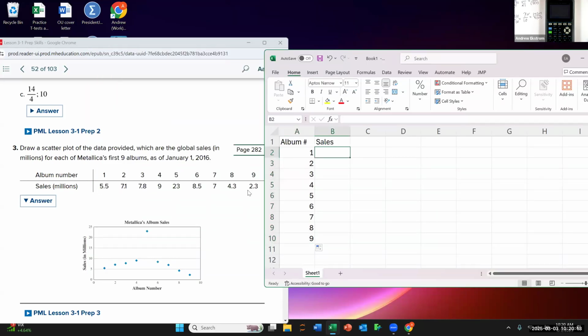Unfortunately, because of the way the textbook is, I can't copy the data and do stuff like that, which is kind of annoying, which means I have to go back and plug in all of these numbers.